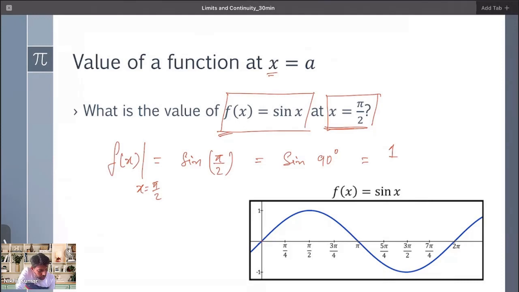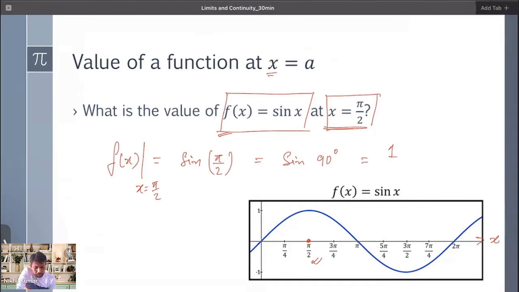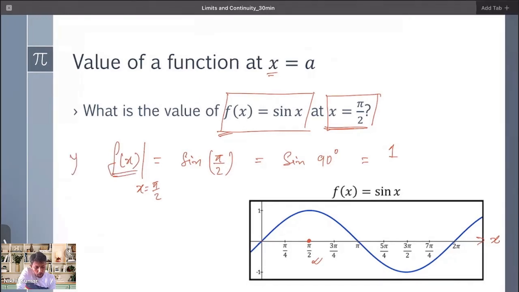When the independent variable takes the value pi by 2, the dependent variable, that is f of x or y, takes the value 1. We all can see that, right? So finding the value of a function is easy. We all have seen how to find these values in junior classes.